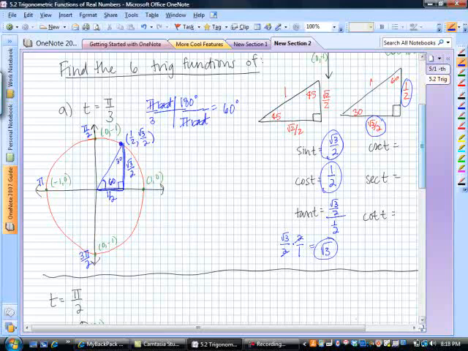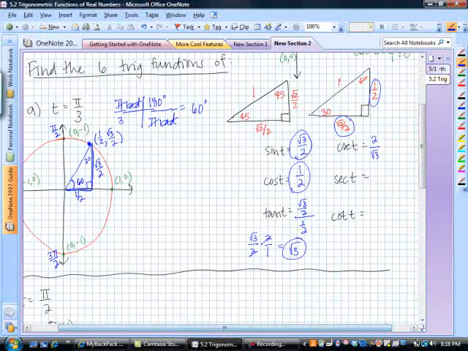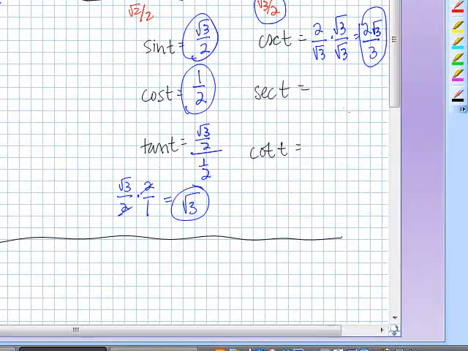Now we need to find the reciprocal trig functions. Cosecant of t is just the reciprocal of sine t, so that is going to be 2 over root 3. But we all know we can't leave a radical in our denominator, so we're going to have to rationalize this. And so we end up with 2 root 3 over 3 for our cosecant.